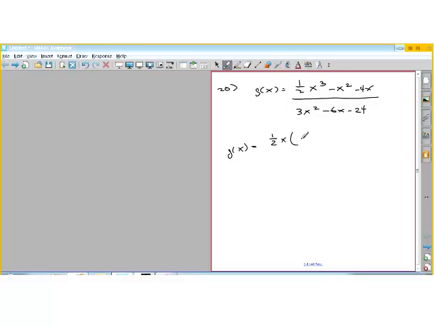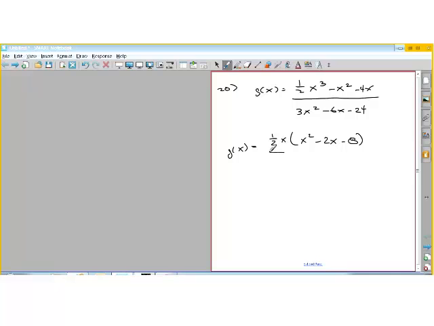What that'll do is make that x squared, this will become negative 2x, and this will become negative 8. Why did I do that? Because if I left a half there, it's just harder to factor. So I factored out a half, and so negative 1 divided by a half is negative 2, negative 4 divided by a half is negative 8.